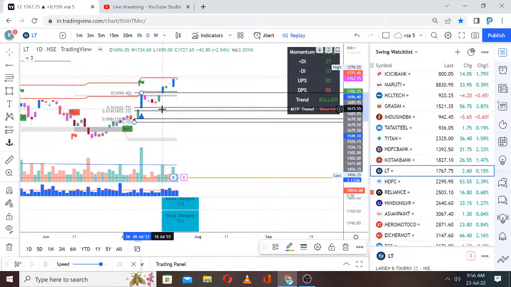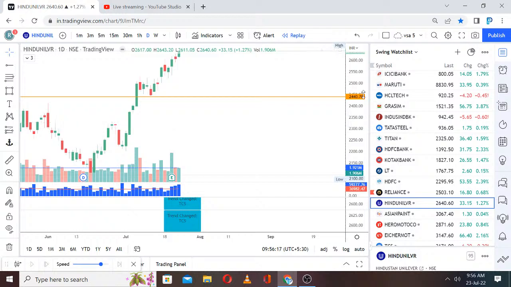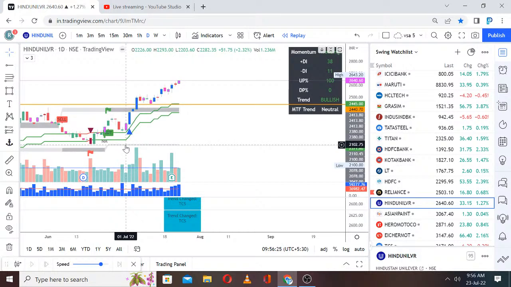We don't retrace up to here, that's okay. So here is a flag pattern you can trade. Always trade flag patterns and all. That's a different scenario.